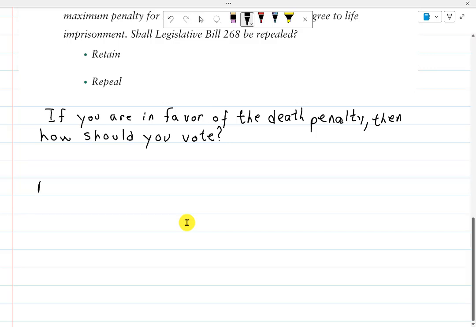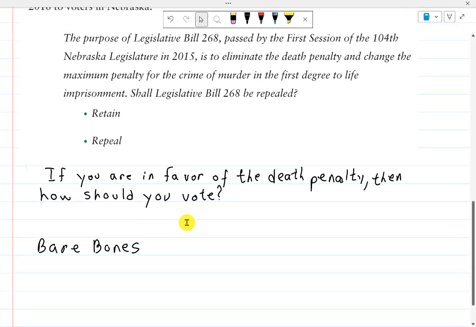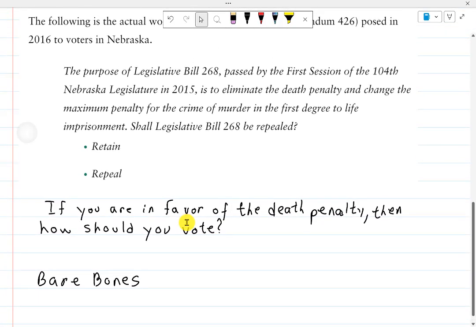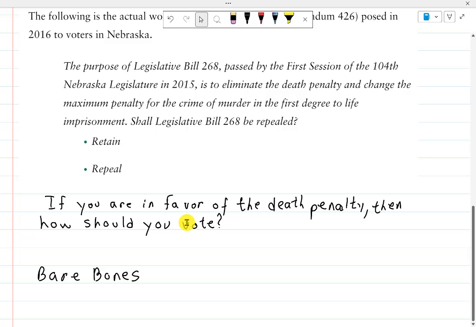So we can take a look at the bare bones of this argument. And the way I'm going to do it is come up here and what's the purpose of the bill? First of all, we should figure what that is.